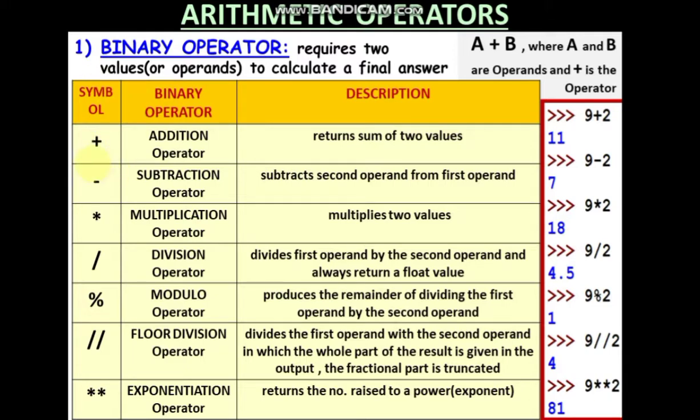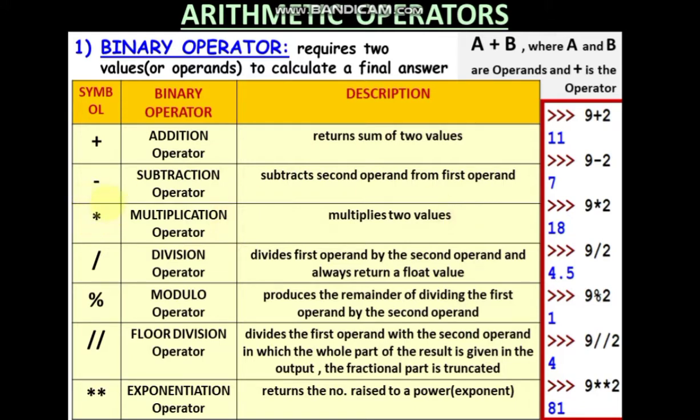So the first one is plus, that is the addition operator. It returns the sum of 2 values. Like if you give any 2 values on the prompt, it will give you the sum like this. The subtraction operator subtracts the second operand from the first, so 9 minus 2, you will get 7. Again, the asterisk or star symbol is the multiplication operator, which multiplies 2 values.